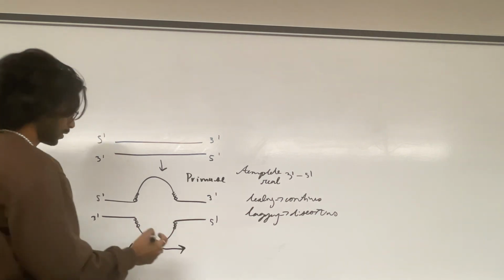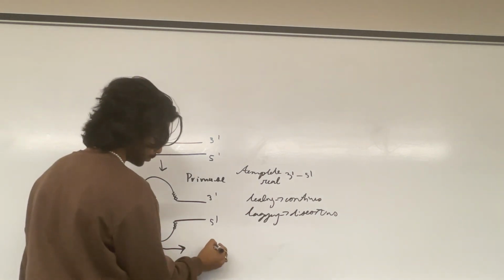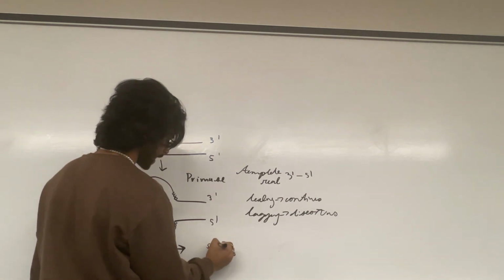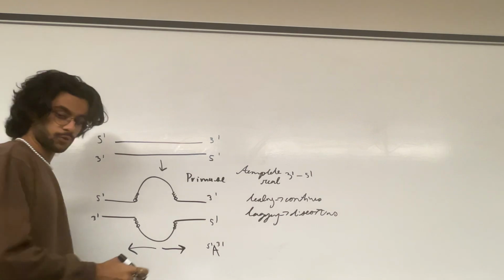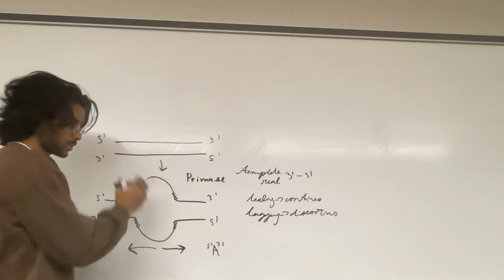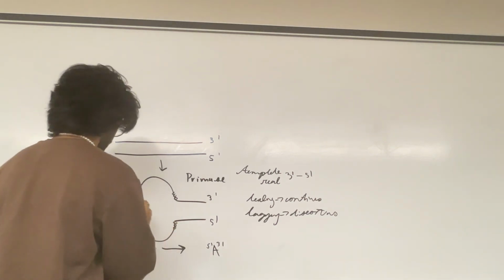It's also important to note at this point that at any given point, a nucleotide can have both a 5' end and a 3' end. And therefore, this allows us to put a 3' end or a 5' end arbitrarily anywhere in the replication fork.